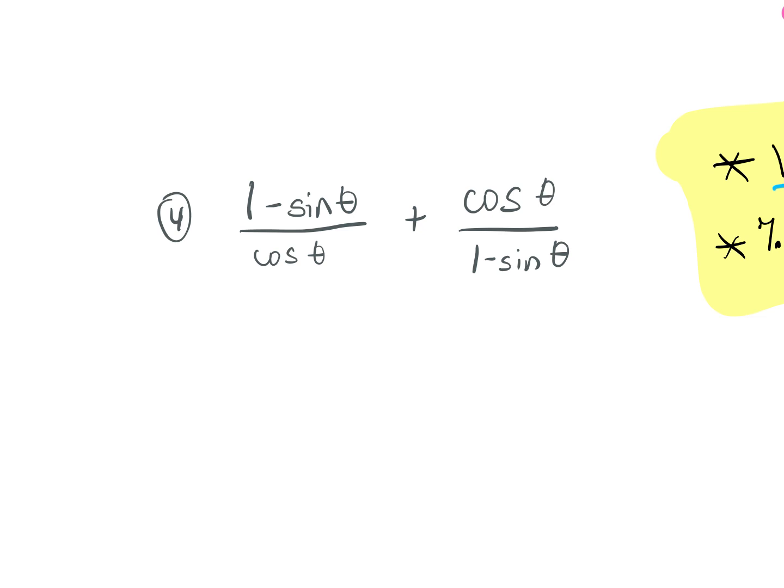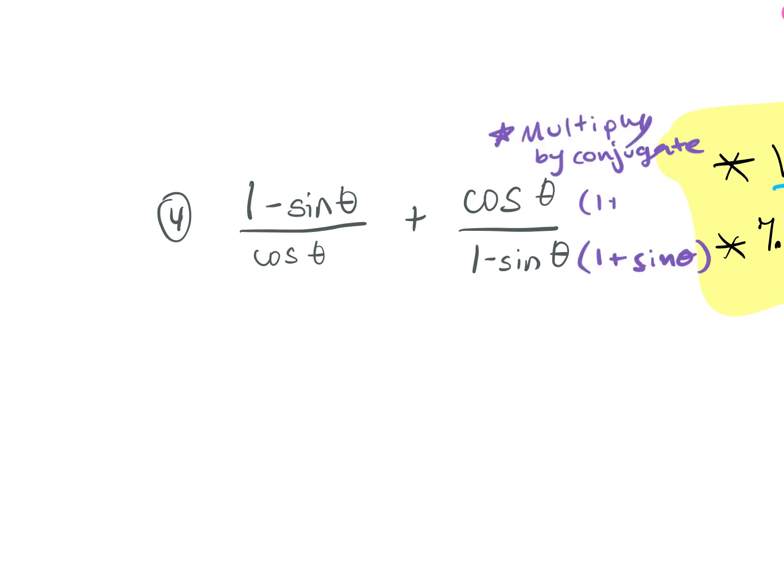Usually when we have a 1 minus sine, and it's not squared, we can't use our Pythagorean identities, but we could multiply by the conjugate here. We did one of these in the notes where we had to multiply by the conjugate. So we're going to multiply the top and the bottom here by 1 plus sine. We'll see where that gets us.